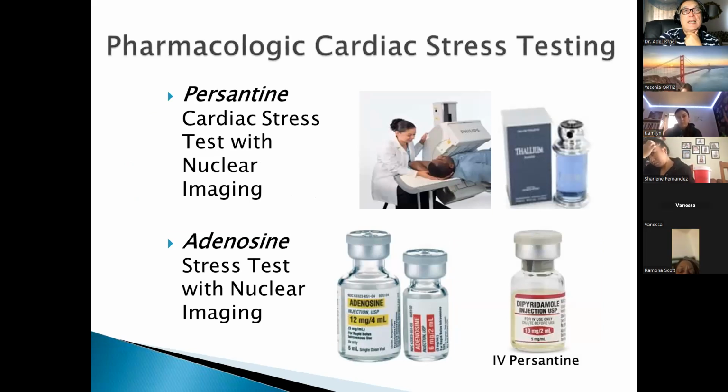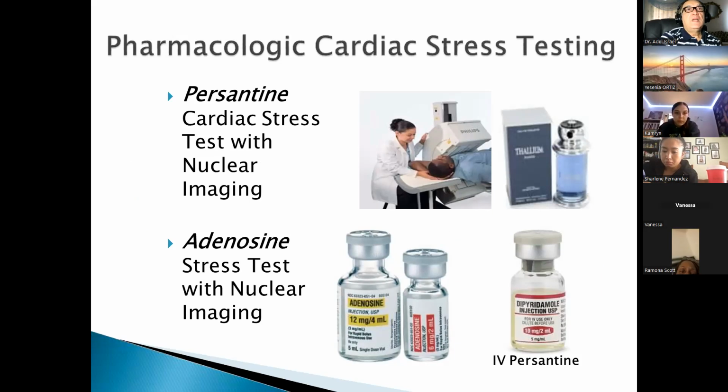We apply stress test without any exercise, by medication. What is this medication? We have two medications. I need every one of you to pay attention to them: persantine and adenosine.